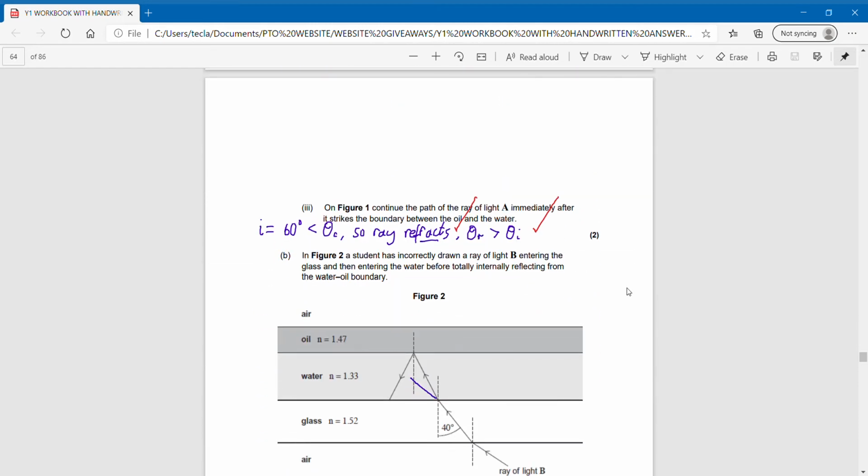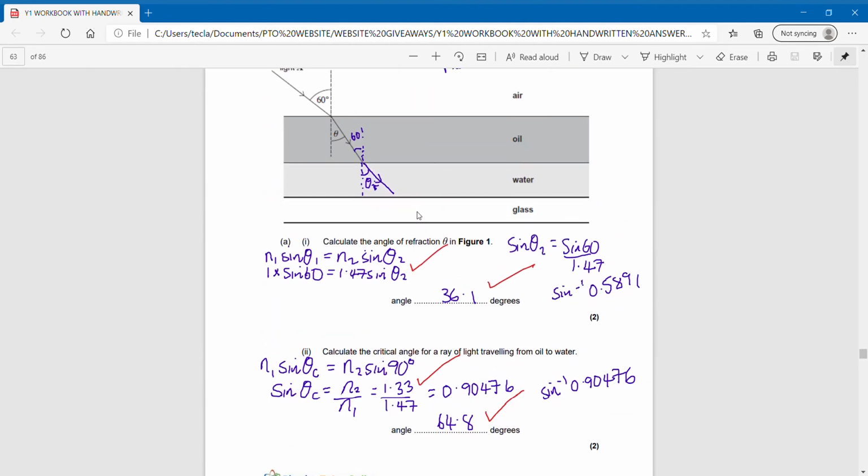Part 3. On figure 1, continue the path of the ray of light A immediately after it strikes the boundary between the oil and the water. The angle of incidence is 60 degrees, which is less than the critical angle. So the ray is going to refract, and we're going to just draw that on.